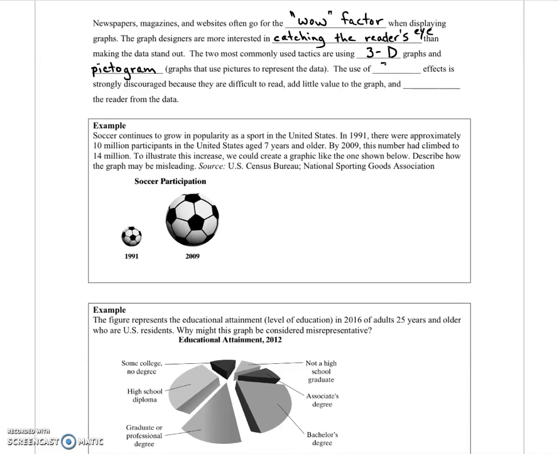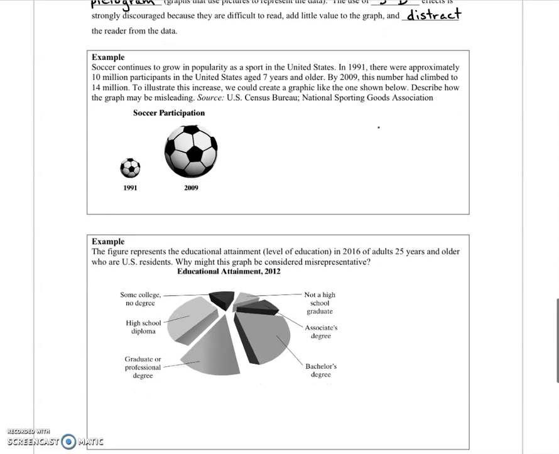The use of 3D effects is discouraged because they're difficult to read. They don't really add anything to the graph, and they distract the reader from the data. Let's look at a couple examples.